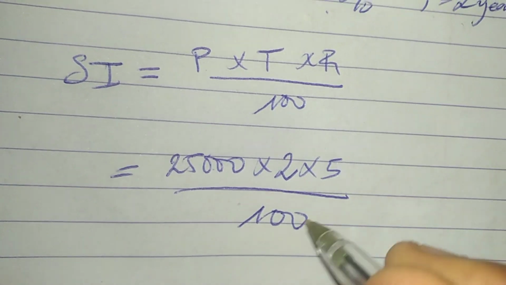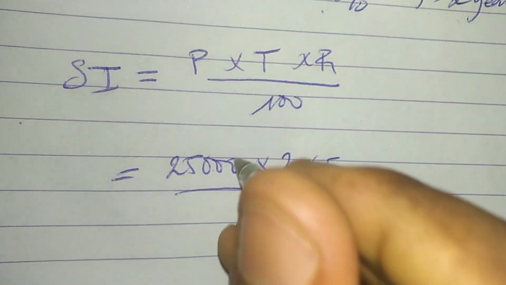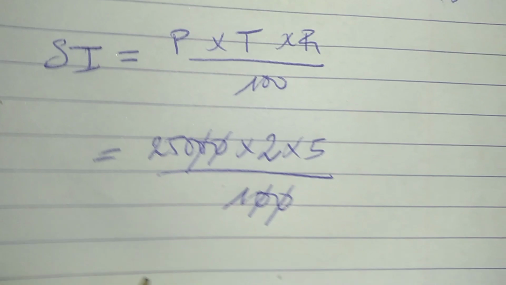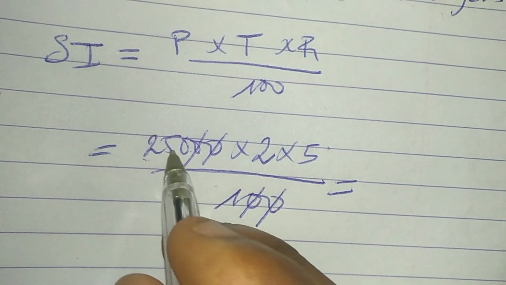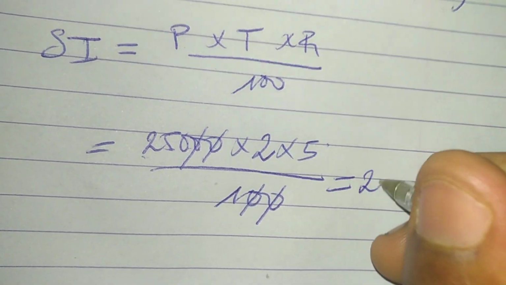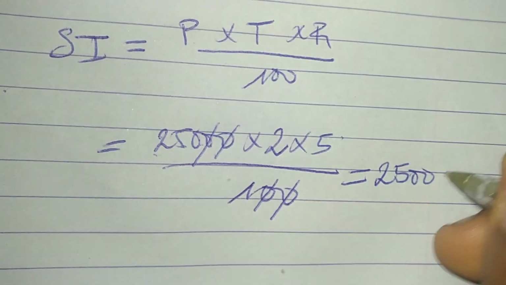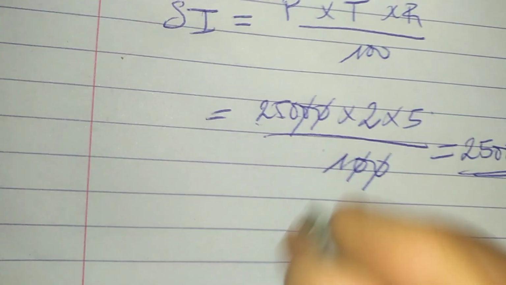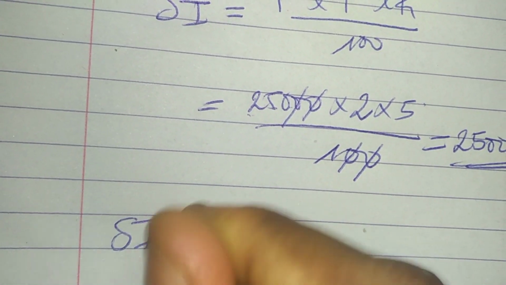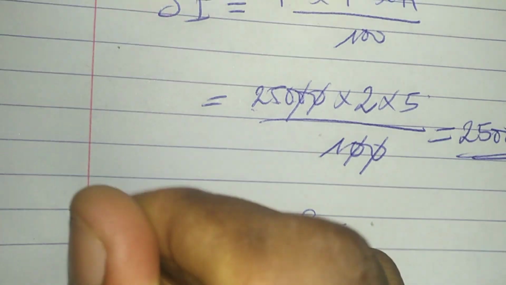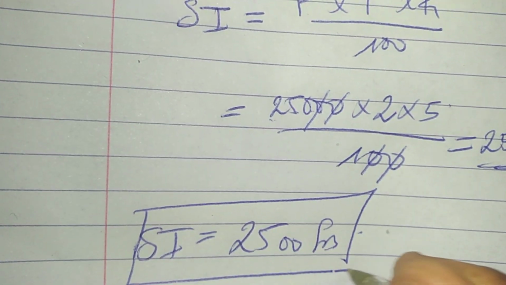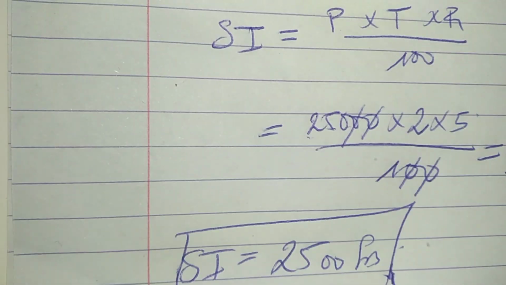And so from here, these 2 zeros can cancel with this one, and now you are left with 2 times 5 times 250, and this gives us 2,500 francs. So we have that the simple interest is 2,500 francs. I can box my answer. Alright.